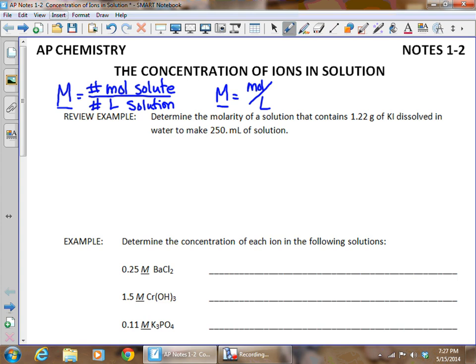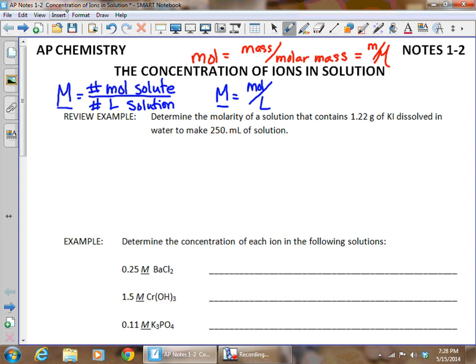Then we need to remember that we can always find moles by simply taking the mass of the substance divided by its molar mass, or mass over molar mass. A nice curly M for molar mass.